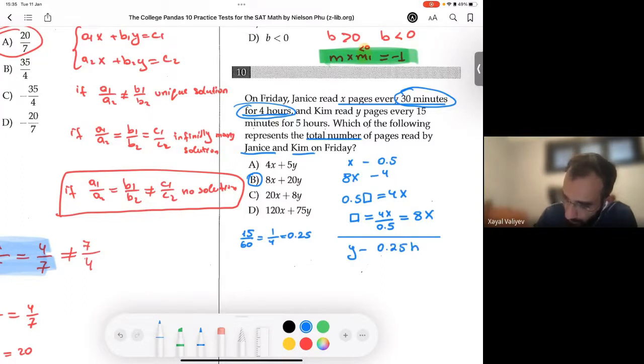We are looking for 5 hours. Let's call this one a triangle. The triangle will be 5y divided by 0.25, which is 20y, and that's the answer.